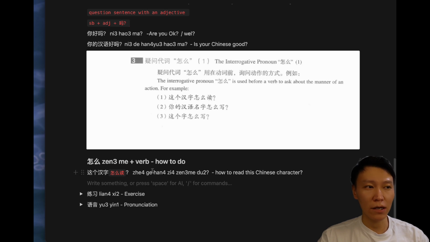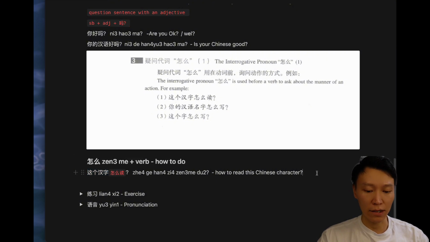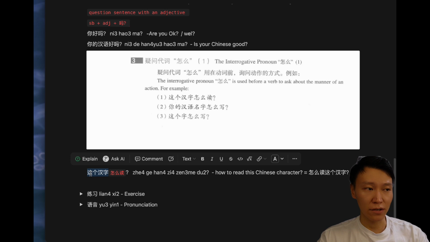And when I was explaining the texts, I also talked about the situation when you can put 这个汉字 after 怎么读. You can say 怎么读这个汉字. They're the same, because 这个汉字, this Chinese character, should be the object of 读, to read, because we say to read a character.